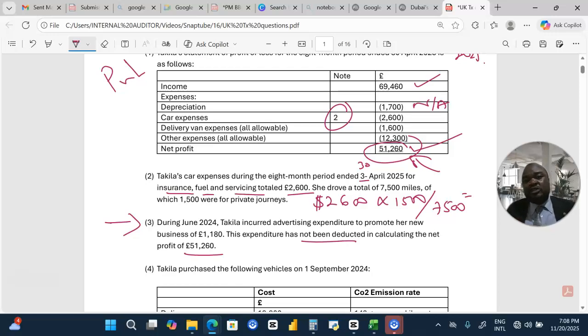So what you have to do is say advertising expenses as a new entry, and you then have to put a negative figure of 1,800 to recognize them for tax purposes. And obviously, the accountants should have as well included them in their records.